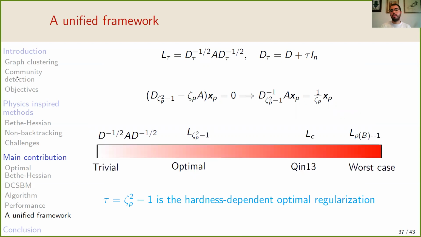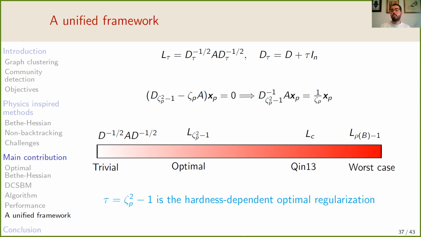Then we can plot a similar graph to the one I showed before. For zeta p equal to 1, we have the trivial regime. The regularization zeta p squared minus 1 becomes 0, and we obtain the classical Laplacian matrix in the trivial regime. The worst case is tau equal to rho B minus 1. The optimal is tau equal to zeta p squared minus 1.